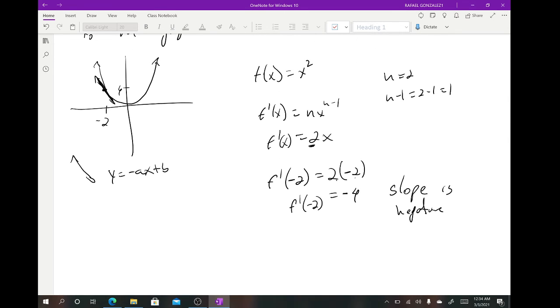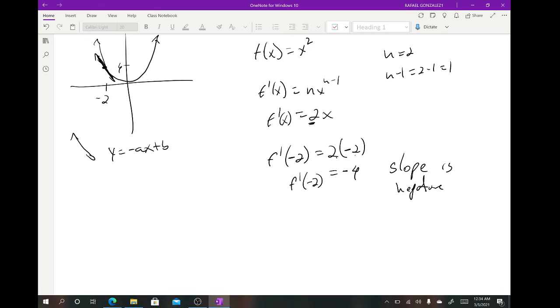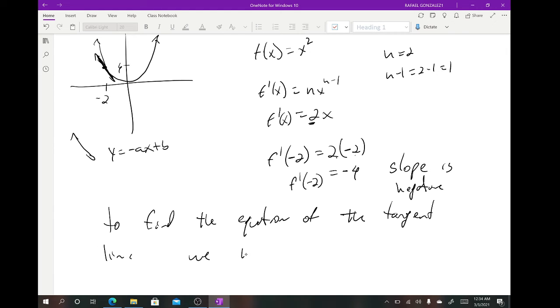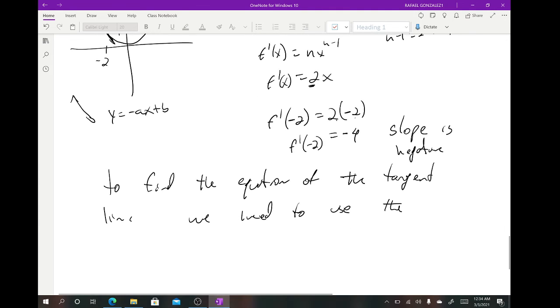Now, remember, to find the equation of the tangent line, we need to use the point-slope formula, which is y minus y1 equals m times x minus x1.